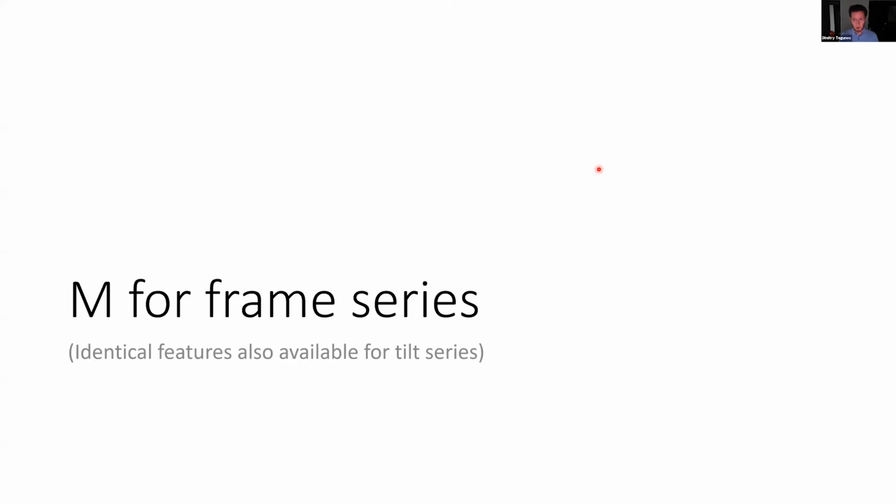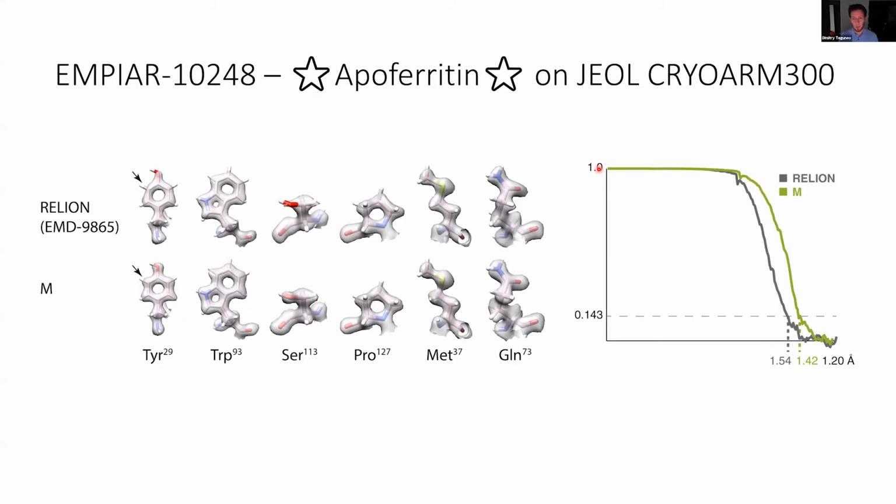And so one nice result that we got out of this was for the apoferritin dataset acquired on the new JEOL CRYO ARM microscope, which had been previously published at 1.54 angstrom. At that point, it was the highest resolution cryo-EM map.